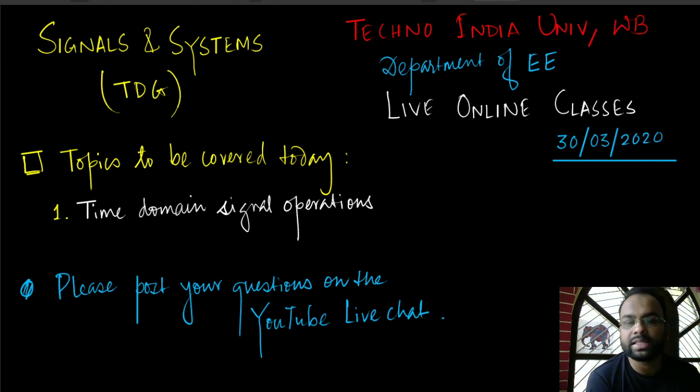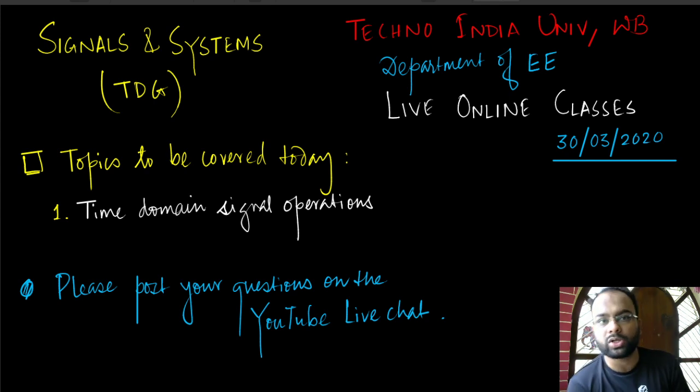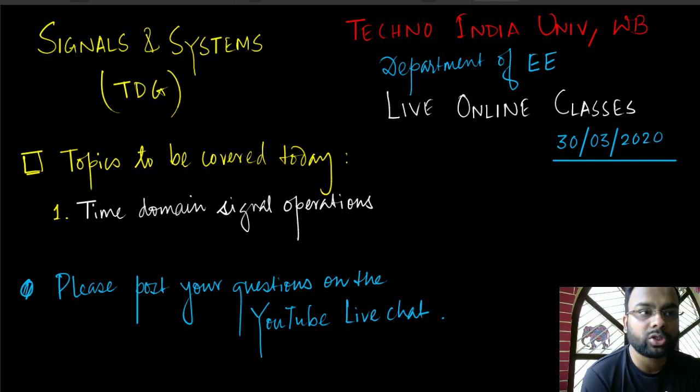So in this class today, we are going to learn how to do time domain operations on signals. And we shall be using a bit of Python programming for better visualization. I believe I gave you a link for a Jupyter notebook in Google Colab. If you have the link for the Python programs associated with today's class, you can follow along.